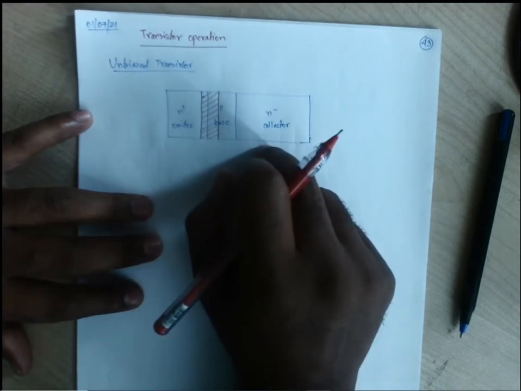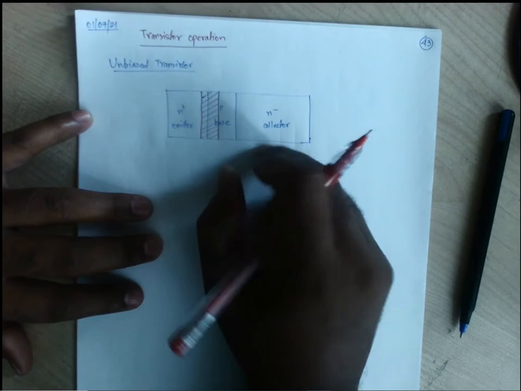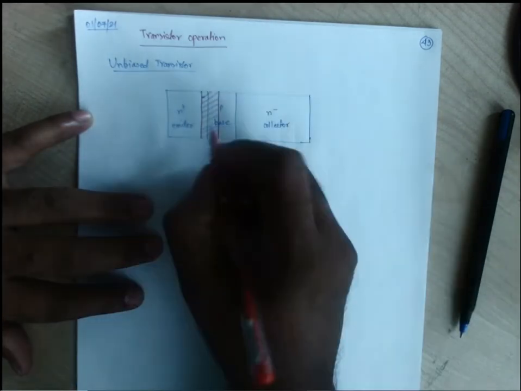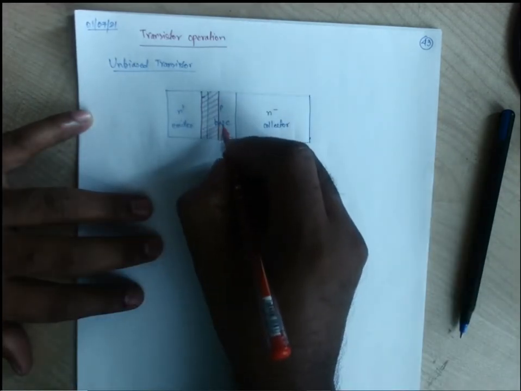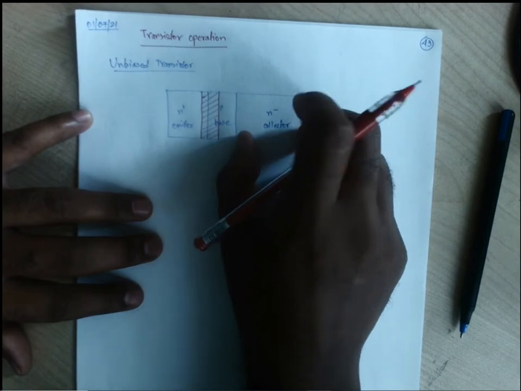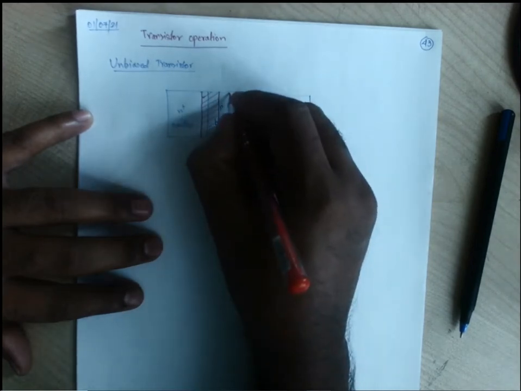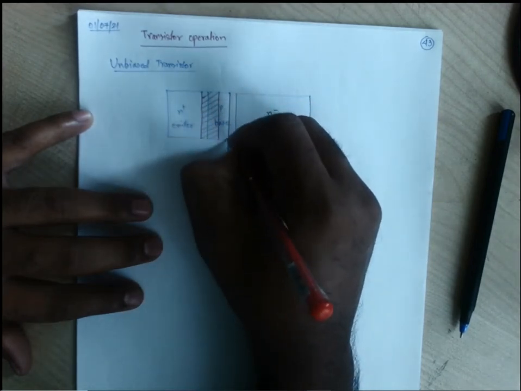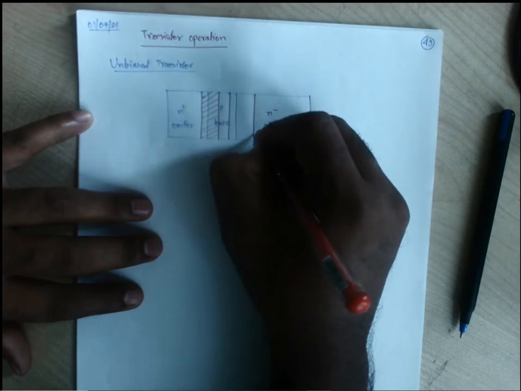The concentration gradient will be less in this region, so the penetration will be more compared to the region where the doping is quite high. As this side has the concentration gradient less, the penetration will be more in the collector region.